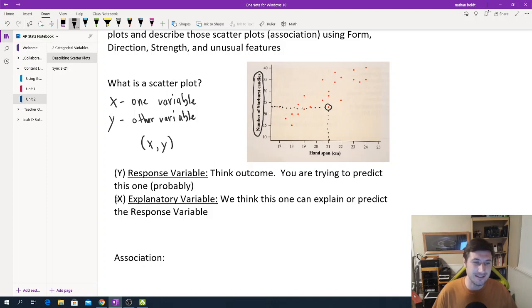By using the explanatory variable, and that is the x. So again, think the word explain. We think hand span will explain how many starbursts you're able to grab, okay? Or we think the hand span will predict how many starbursts you will be able to grab. So we want to use that vocabulary a lot. Response variable is your y-axis, and explanatory is your x.